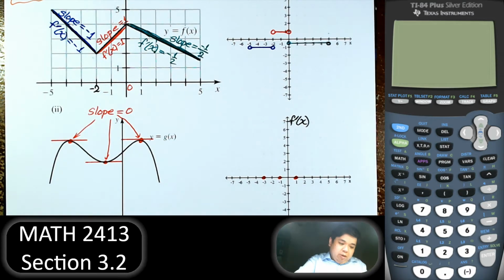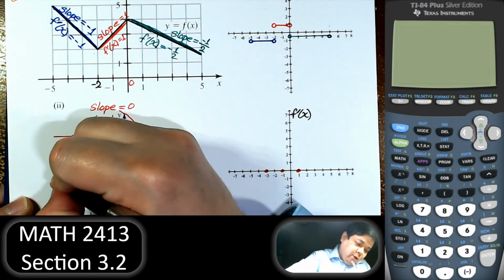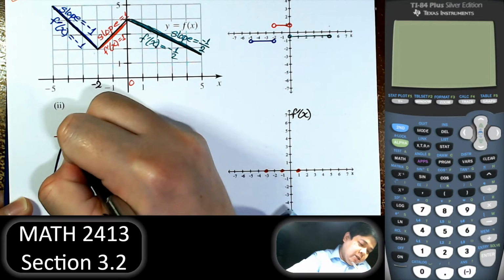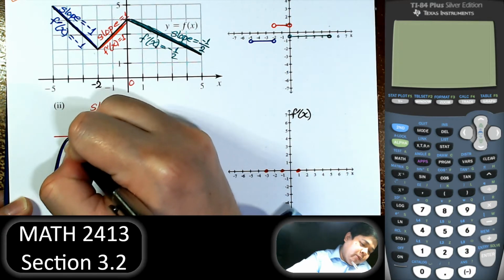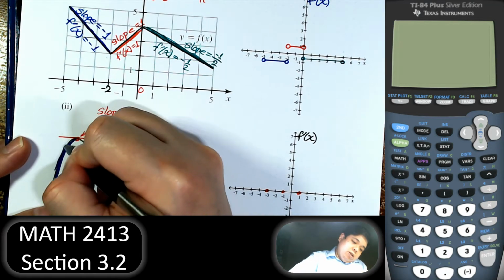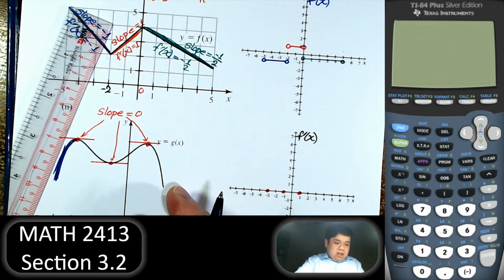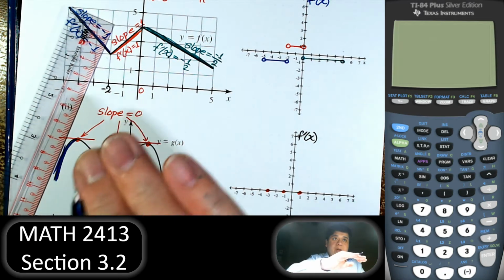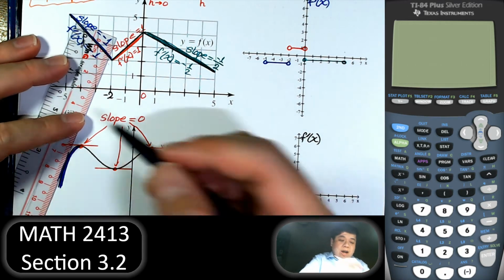Right, next, what do we have? Let's look from -4 to -3. Look at that part. First of all, if we're talking about the slope, it would be the tangent line. If we talk about the tangent line, it will be like this. It will go up, therefore it is positive. The slope is positive for that part.